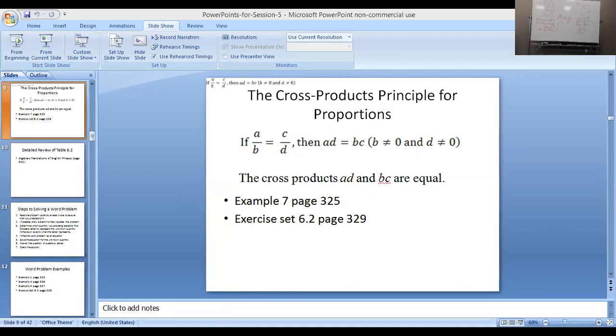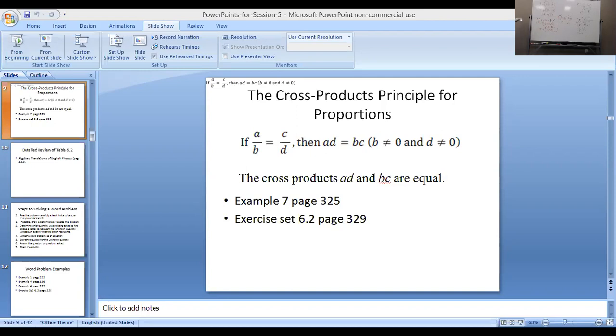Let's look at an example on page 325. That makes things very simple. A over B is equal to C over D, then AD, take those two sides, multiply them, is equal to BC. Look at example 7 on page 325. 63 over x is equal to 7 over 5.